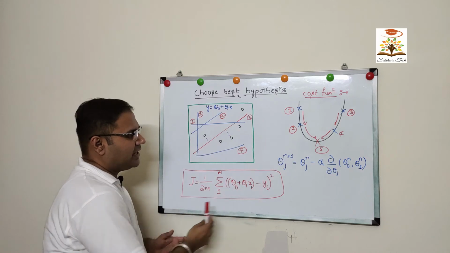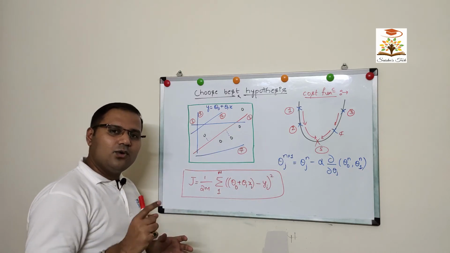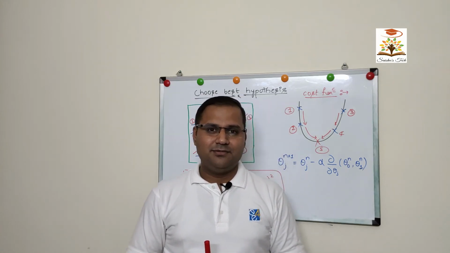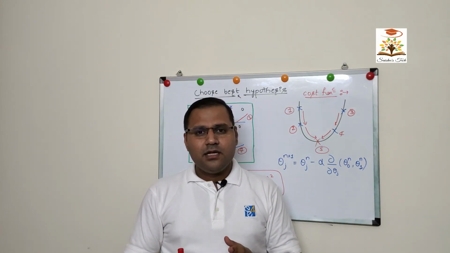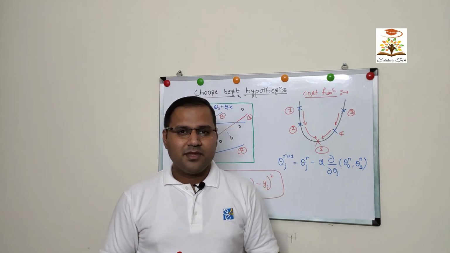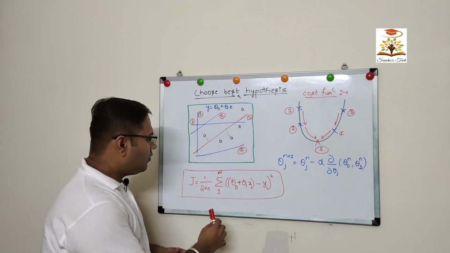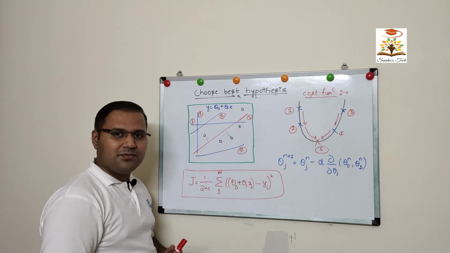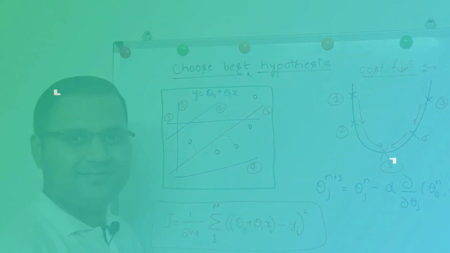In all the scenarios, we have considered only one variable as the independent variable. If we consider more independent variables, let us understand how the cost function and the hypothesis equations get modified.